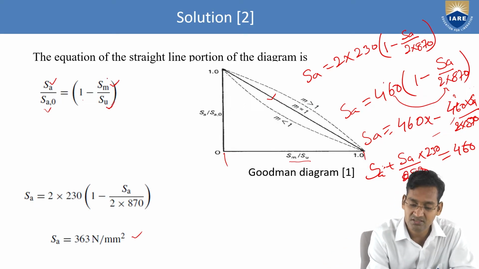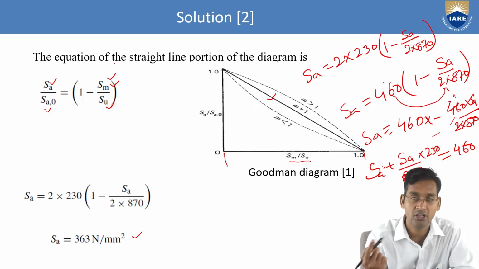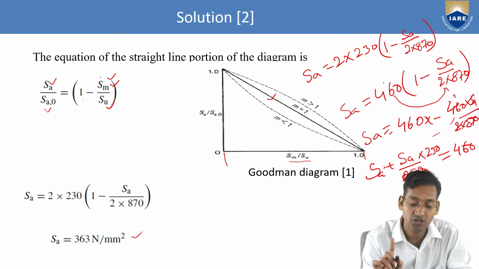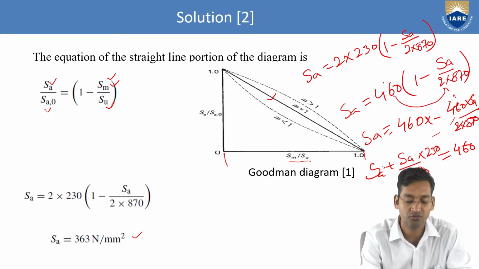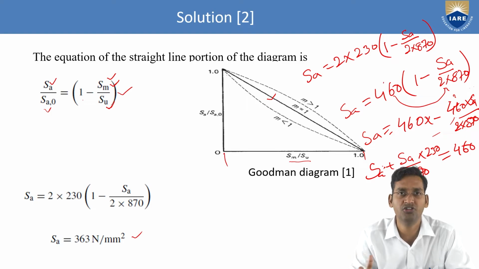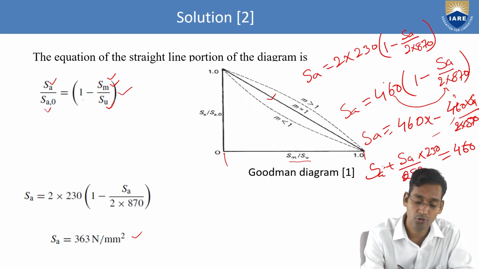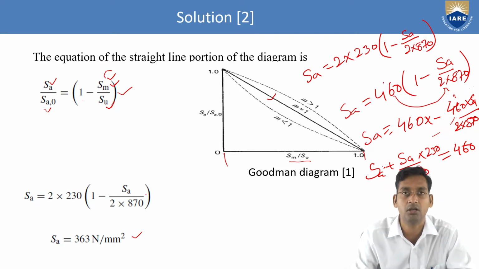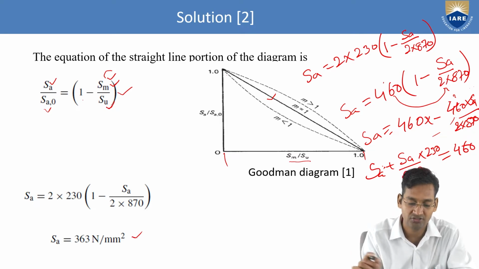Then just replace this SM in terms of SA or SU if it's given. Only one variable should be there, then only you can find y, because this is a linear equation. For a linear equation, only one unknown should be there. So we changed SM in terms of SA.